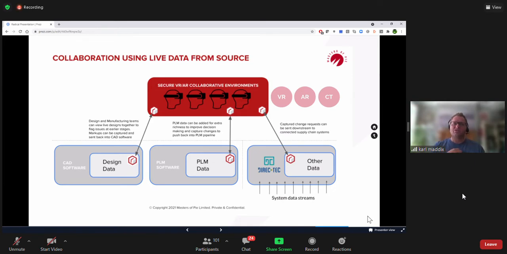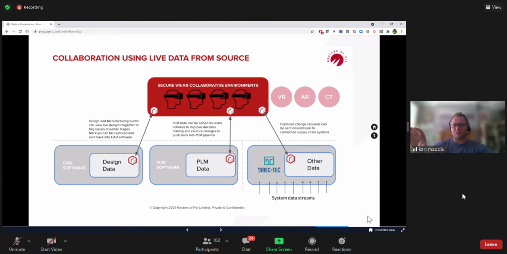So as Francis was mentioning there, we would echo the Direct Tech sentiment that true collaboration really does start and end with access to the data. So Radical is an integrated technology in that we look for those places where the data either is generated, such as CAD packages or simulation software, or held and stored, like PDM or PLM systems.